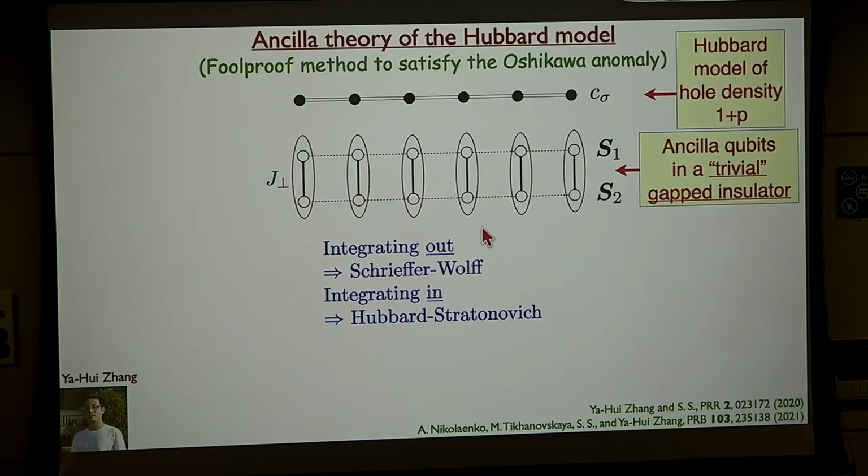All right, it's very, very important if you want to satisfy the Oshikawa anomaly that you add something that has a gap, and the ground state is a simple product ground state or smoothly connected to it. If you don't, you'll run into trouble. And there's an infinite number of papers in the literature that have run into that trouble. You have to make sure that you always add something trivial.